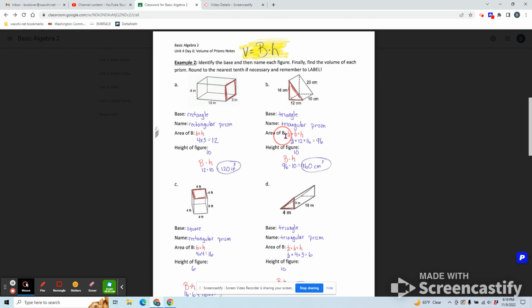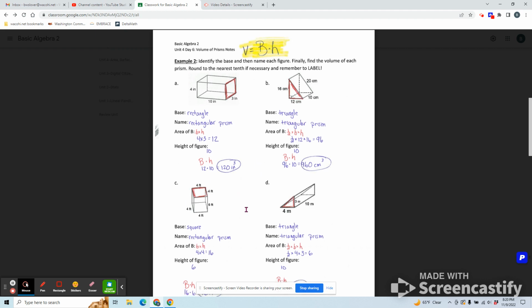To find the area of the base, which is a triangle, we're doing a half times base times height, or base times height divided by 2. Either way, you get 96 as the area of your base. And then we just plug it into our formula. Area of the base times the height of the figure. 960 cubic centimeters. So once again, C and D are very similar to A and B. There's different diagrams with different numbers.